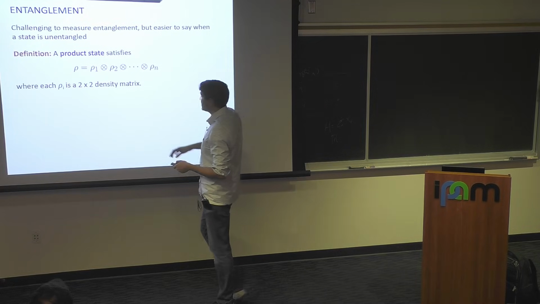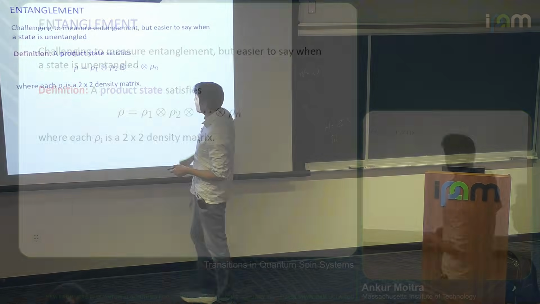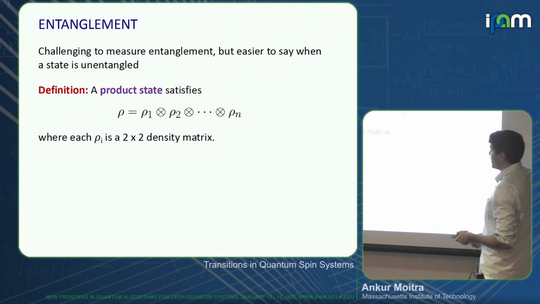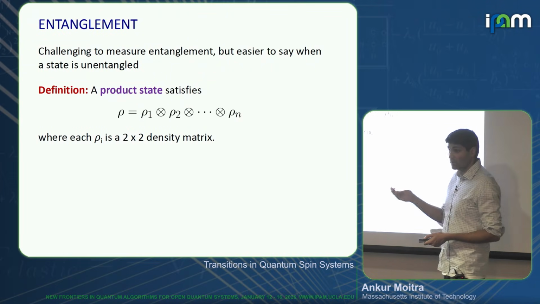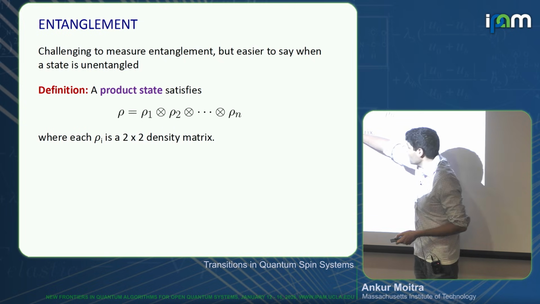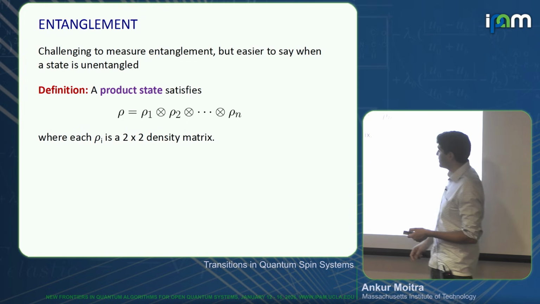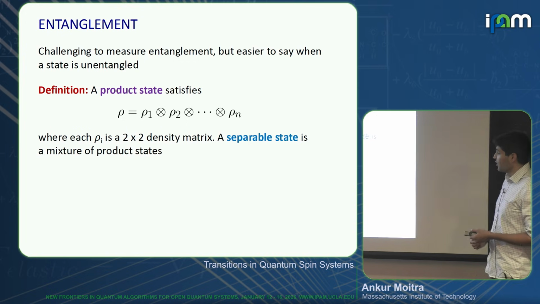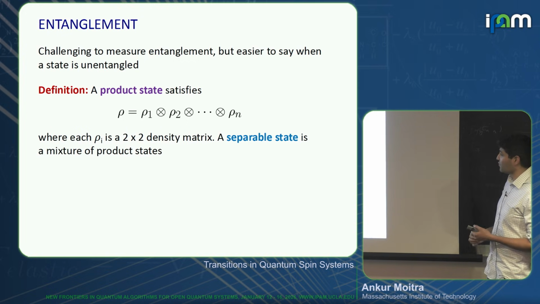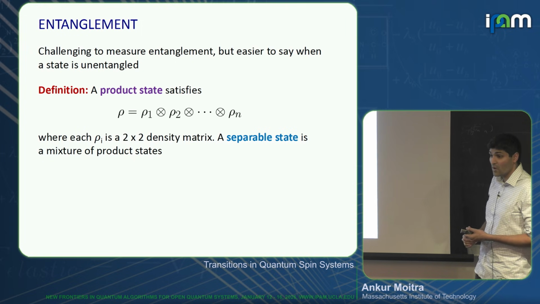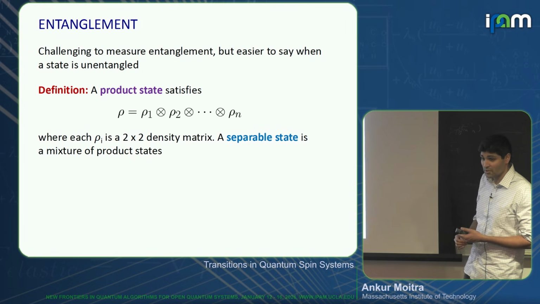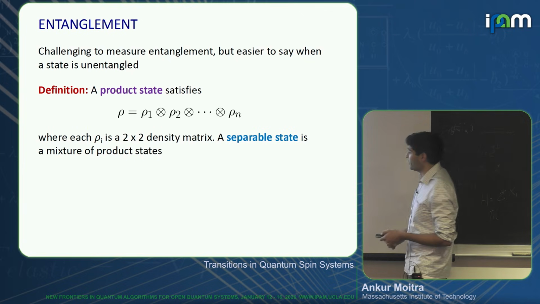So we can talk about a very special class of density matrices, product states, where we just take a bunch of rho_i's that are 2 by 2 density matrices and we tensor them together. And of course, the result that we get is itself a density matrix. But the important thing is that these types of density matrices that we get in this way shouldn't really be thought of as quantum objects at all because they don't have any entanglement.